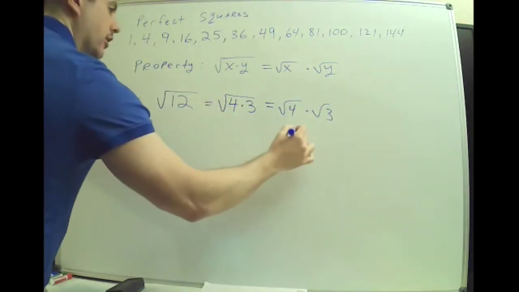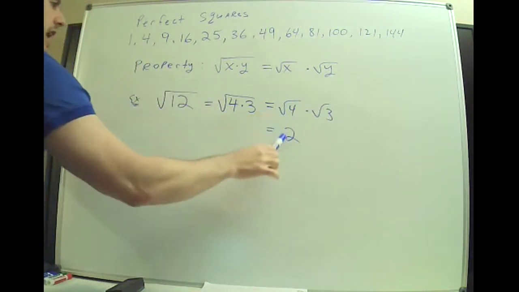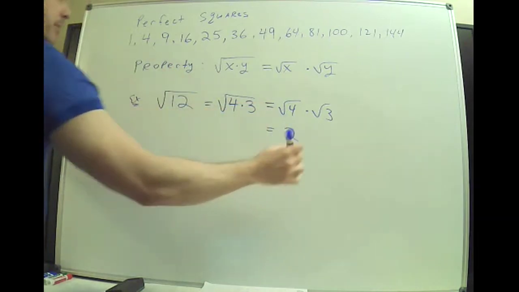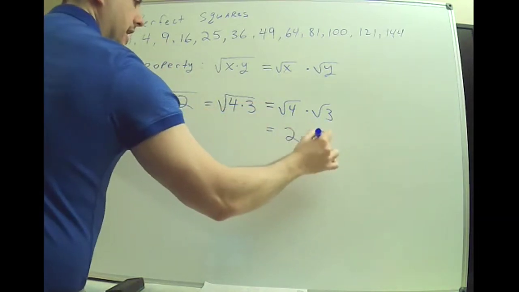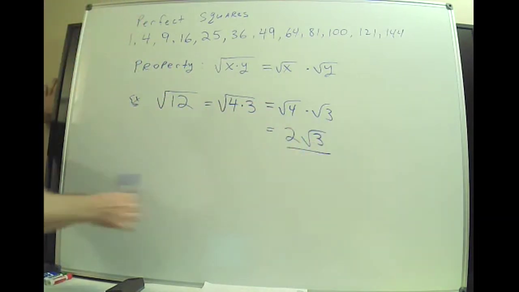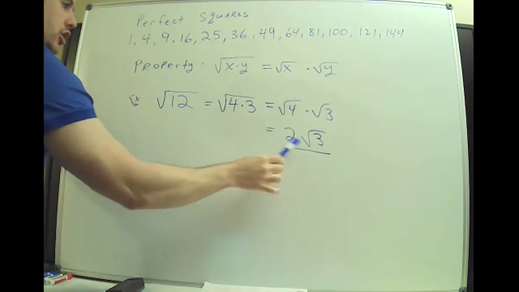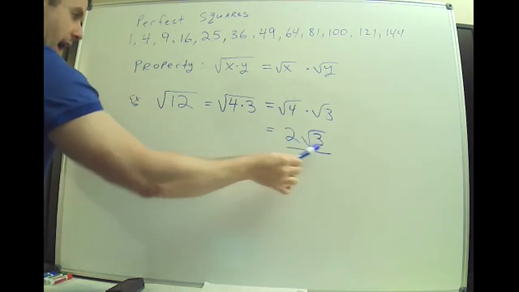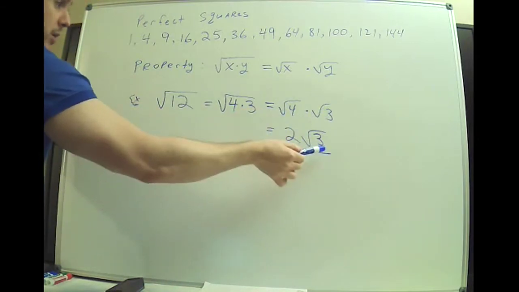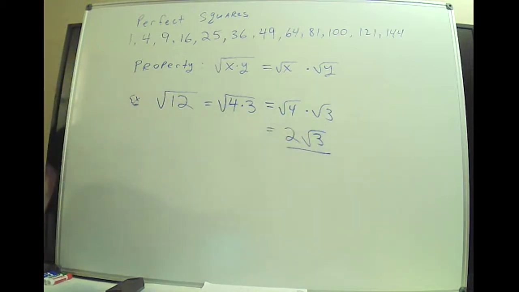Radical 4 is 2. He comes out of jail. He's a perfect square. He gets released from the radical. The 3 does not. He is stuck there. He is never going to come out. This 2 cannot go in there. He is not going back in jail. He just got out. Why would he go back in there? So this is how you break down a radical.